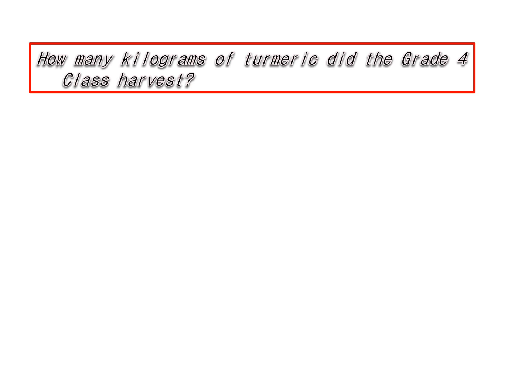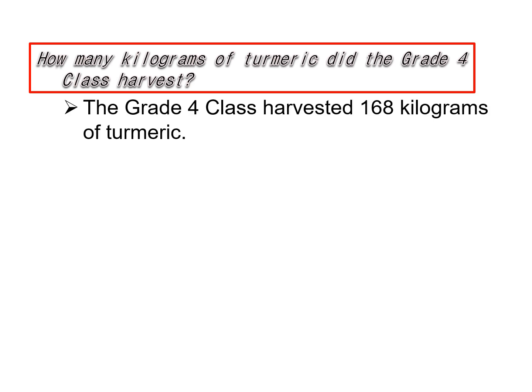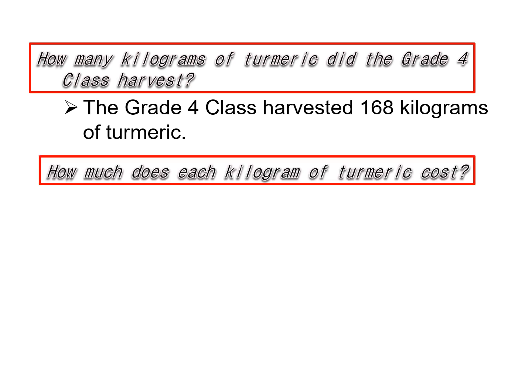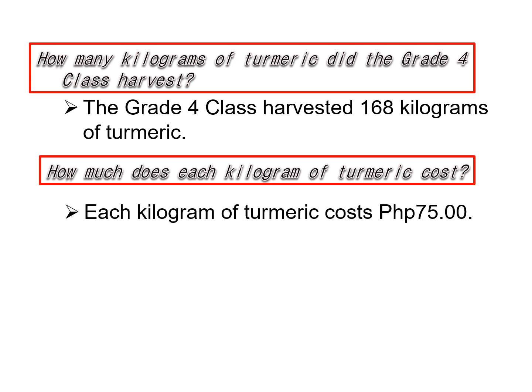How many kilograms of turmeric did the grade 4 class harvest? The grade 4 class harvested 168 kilograms of turmeric. How much does each kilogram of turmeric cost? Each kilogram of turmeric costs 75 pesos.